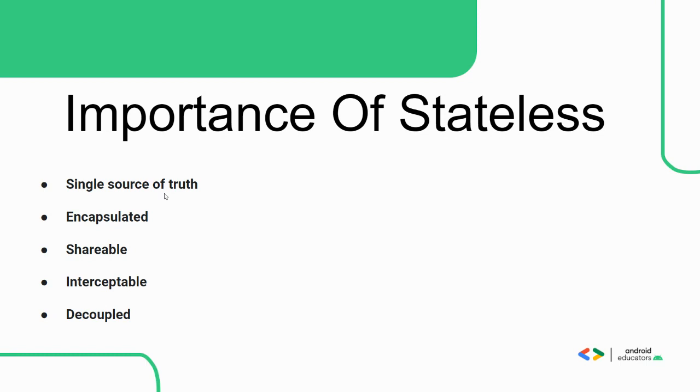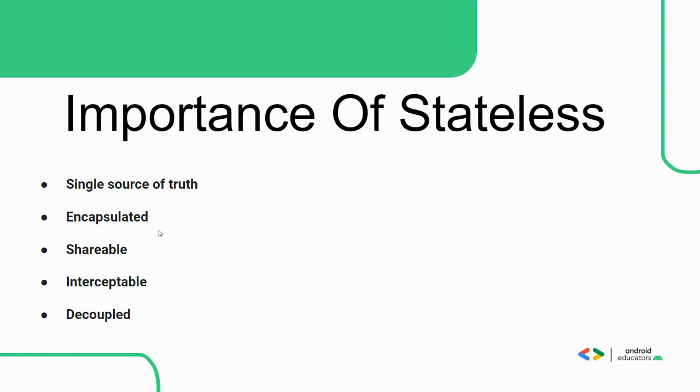Let's say in order to show my name on different screens, in the first screen I want to show my name, and in the second screen or activity I also want to show my name. I don't have to create different composables with the same code. I can create a stateless function, ShowMyName, and take a variable as a parameter of that function. That makes it a single source of truth. Now whatever place I'm called from, I know it will be a single source.